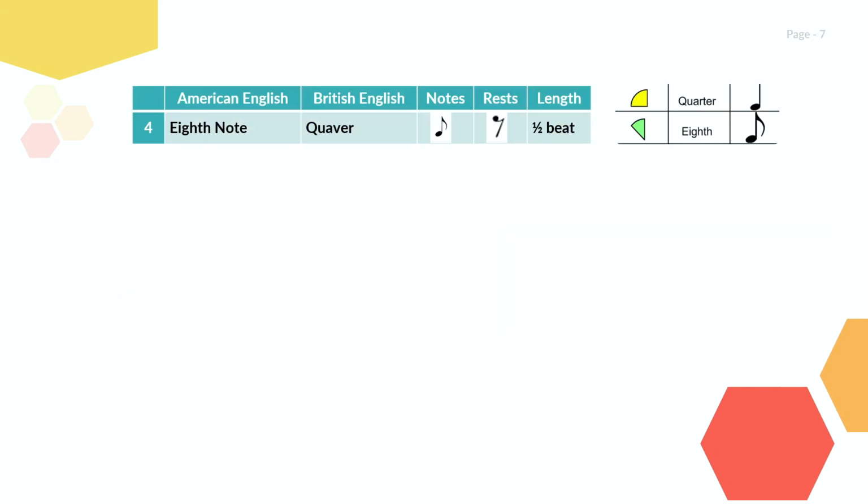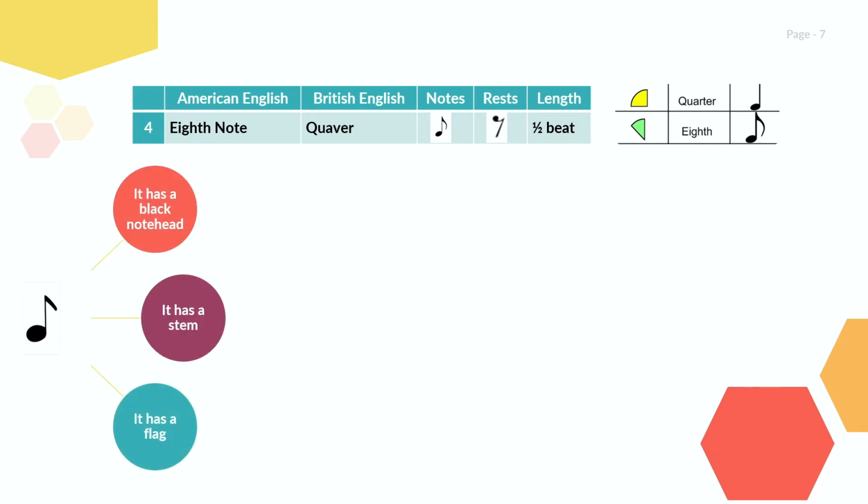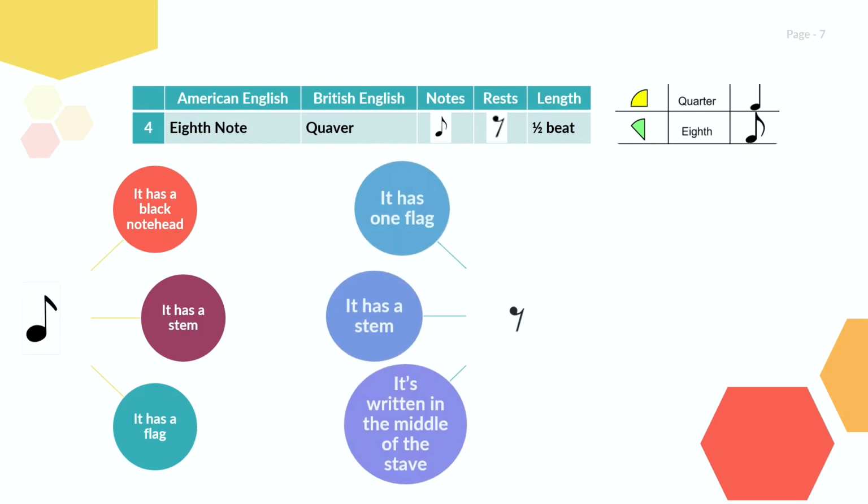In the 4th row is the 8th note or quaver. This note has a black note head, has a stem, and it has a flag. This is the first note that we encounter so far that has a flag. And as you can see, the flag is slightly curved. The quaver rest is also different from the previous ones. It's written in the middle of the stave.